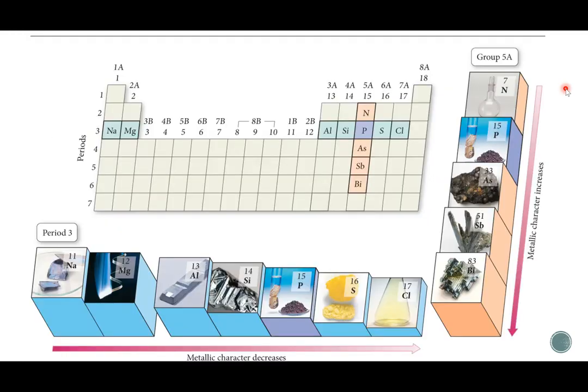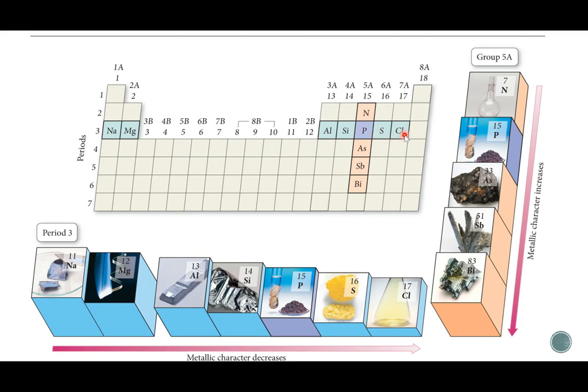The last characteristic that we're going to talk about is metallic characteristic. Again, we're going to talk left to right, top to bottom. So metallic characteristic left to right, if we think about where metals and nonmetals are, so sodium, magnesium, aluminum to chlorine.